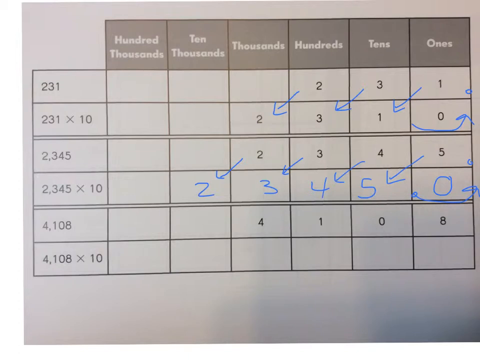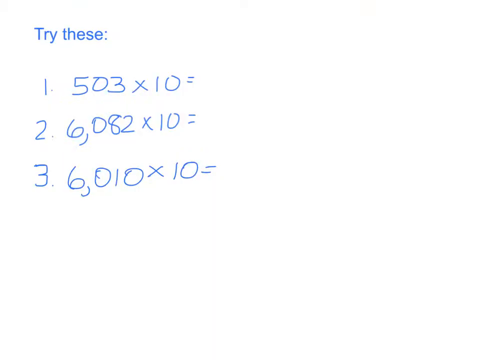So 2,345 times 10 is 23,450. And in our last one, 4,108 times 10, digits go left, decimal goes right, putting a 0 in the last column. So 4,108 times 10 is 41,080.